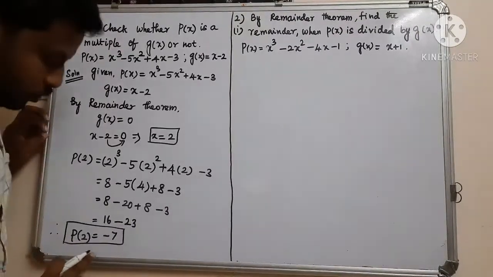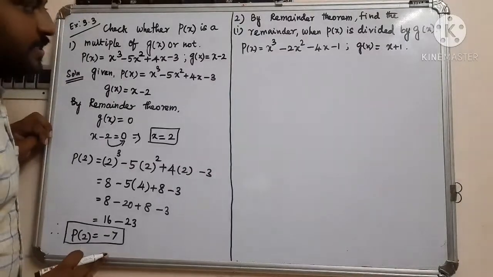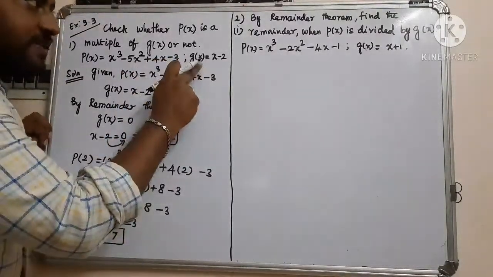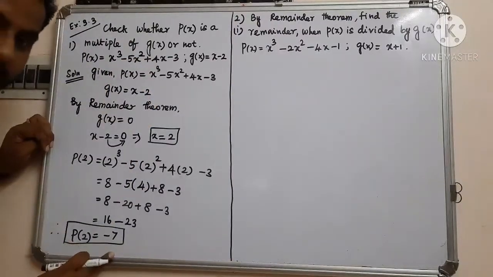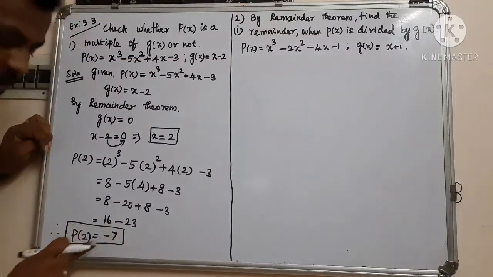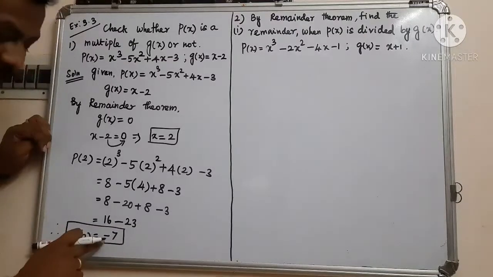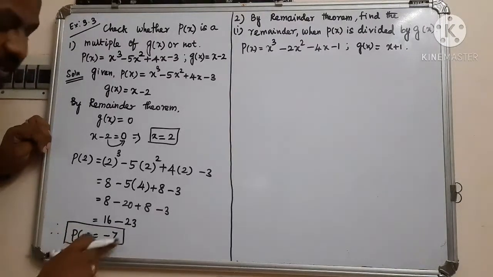So p of 2 is equal to minus 7. If g of x is a multiple of p of x, then the value must be equal to 0. The remainder should be equal to 0. But here p of 2 is equal to minus 7. This is not equal to 0.